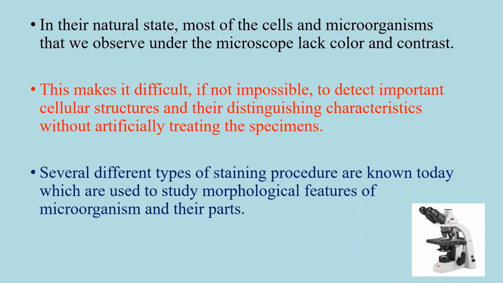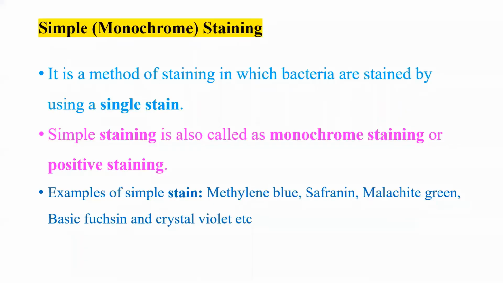This makes it difficult, if not impossible, to detect important cellular structures and their distinguishing characteristics without artificially treating the specimens. Several different types of staining procedure are known today, which are used to study morphological features of microorganisms and their parts. First of all, we will discuss simple or monochrome staining.